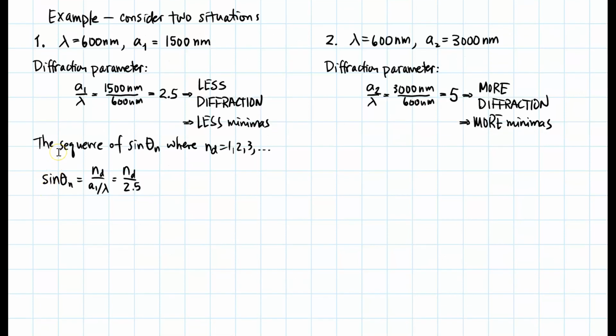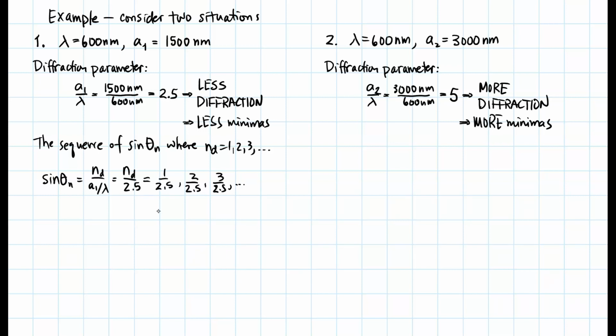To calculate the number of minimas, I use the sequence of sine of theta, where nd is equal to 1, 2, 3. So here I have my sine of theta equal to nd divided by the diffraction parameter 2.5, and now I just start putting in the values. So it's got to be 1 over 2.5, 2 over 2.5, 3 over 2.5.